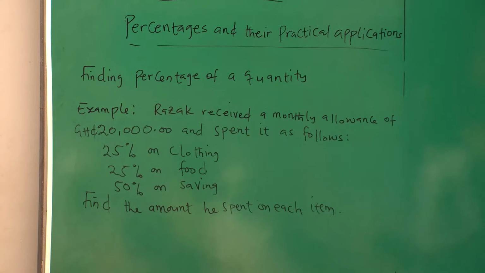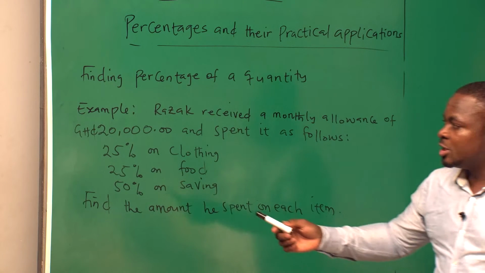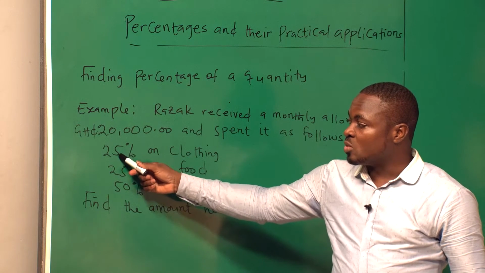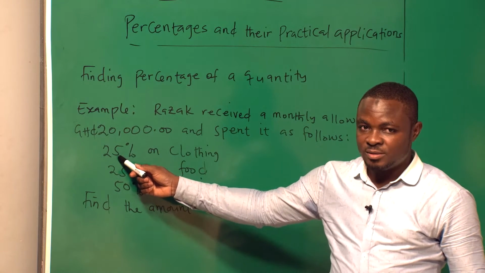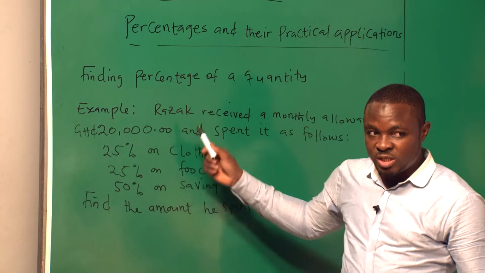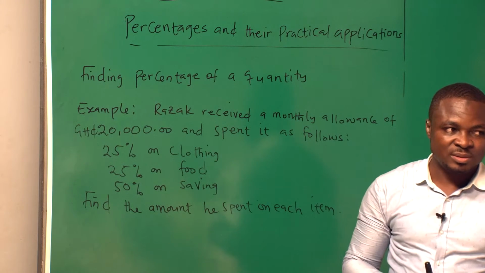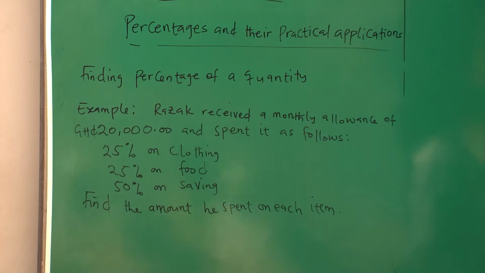So this gives you the percentage information on each of the items. We now want to find the actual amount he spent. So let's do the first one. I'll do that with you. It should lead you to be able to do the second one and the third one.